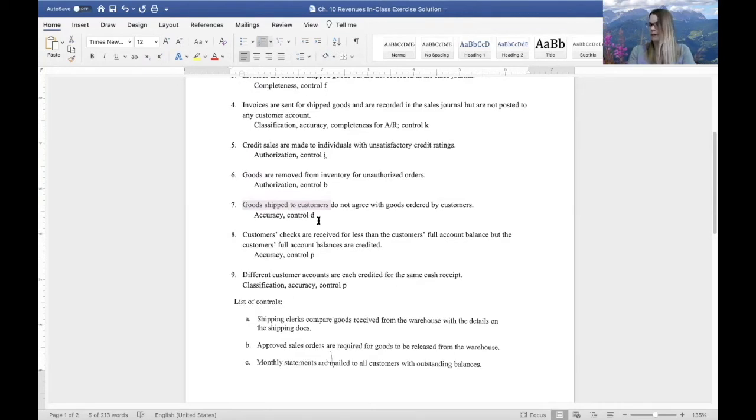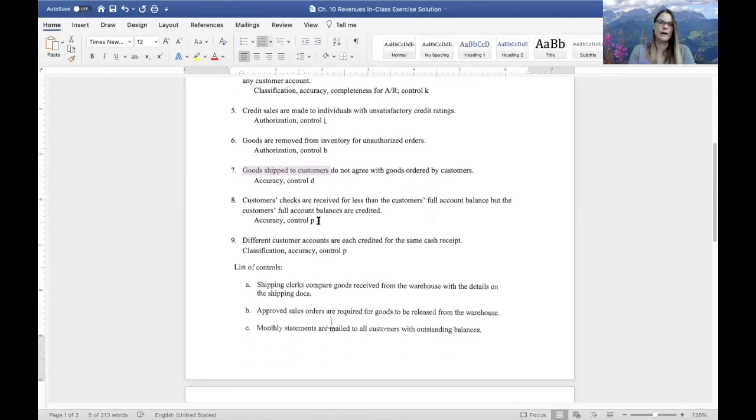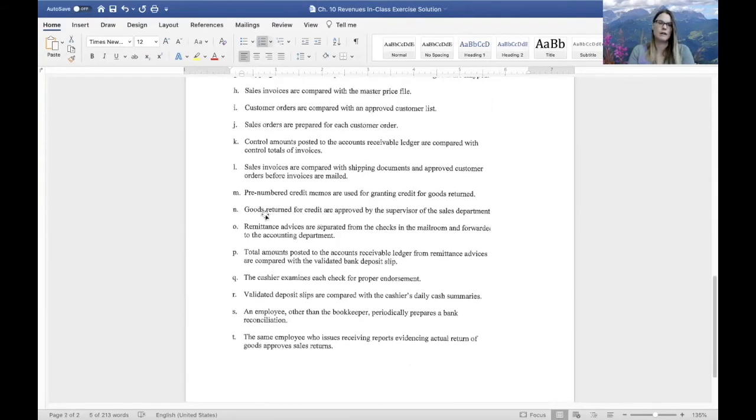All right, my example wrong answer is control N. Okay, goods returned for credit are approved by the supervisor of the sales department. Okay, so control N is dealing with products being returned.